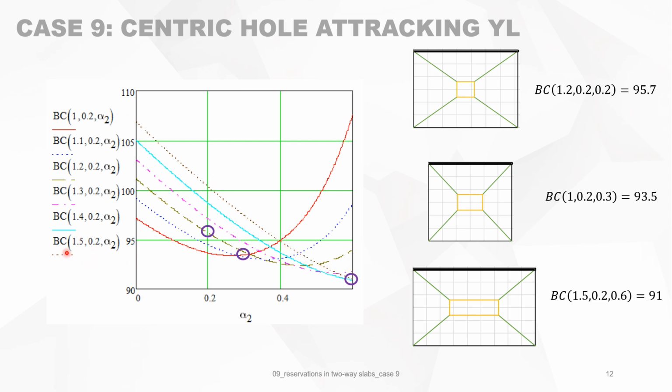That's for a slab where the largest side is 1.5 times the smallest, with a reservation of 0.2 times 0.6 times A. It gives you this point here, a bearing capacity loss of 9%. So you can play around with all those types of curves to find the relationships between the bearing capacity and the size of the hole.